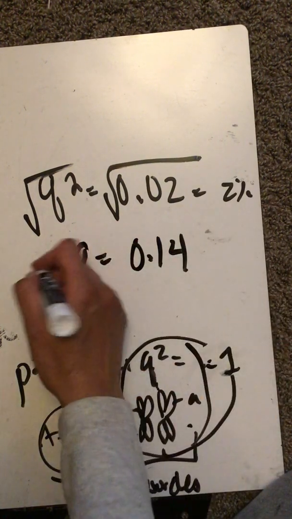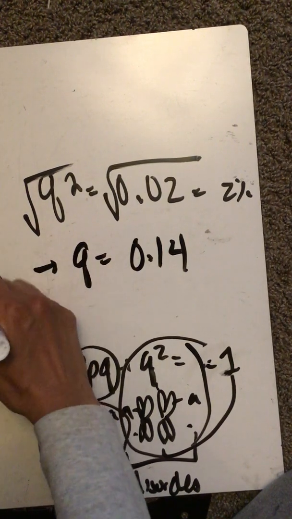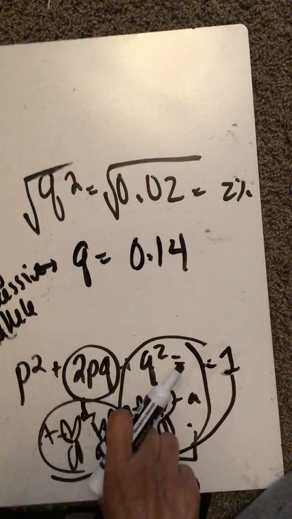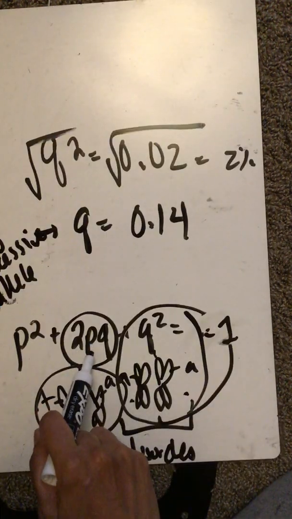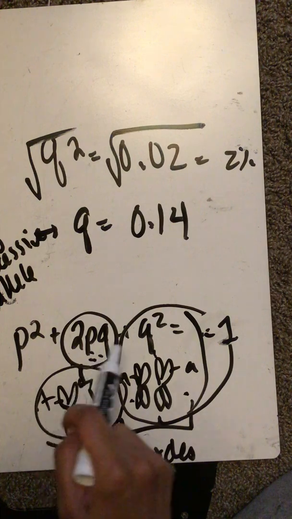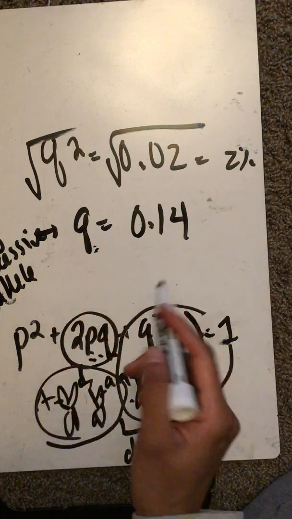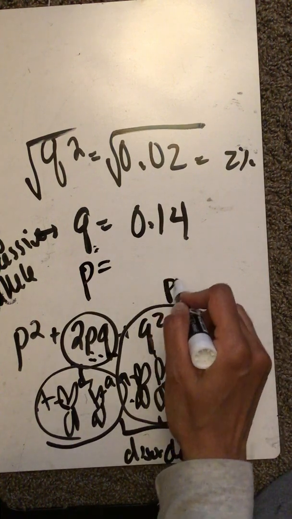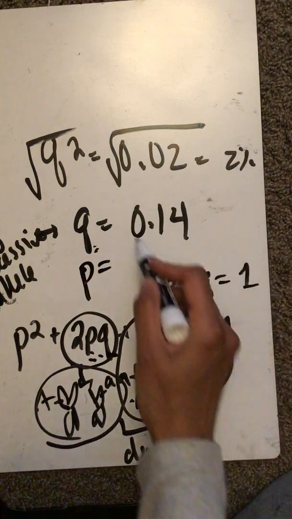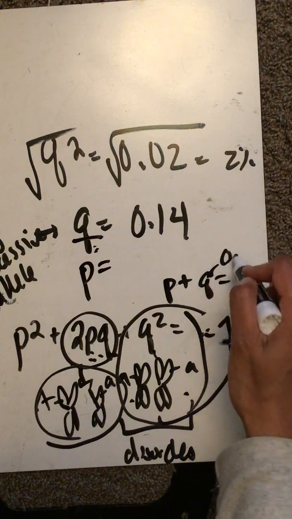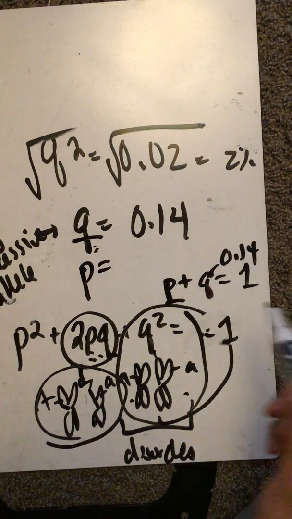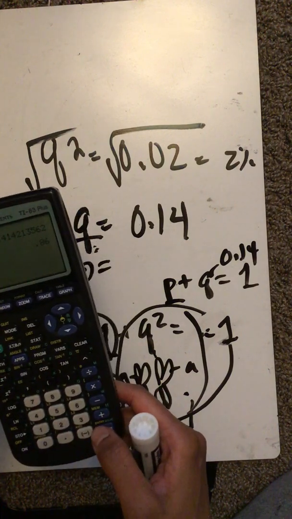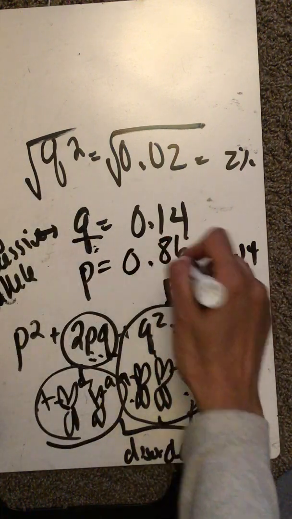So now that's the frequency of the recessive allele. Now, I need to solve for heterozygous, I need p and q. I need both of these. Well, I know q. Can I solve for p? Of course I can, because I know that p plus q is equal to 1. If I have q, which is 0.14, then I go 1 minus 0.14, which gives me 0.86.